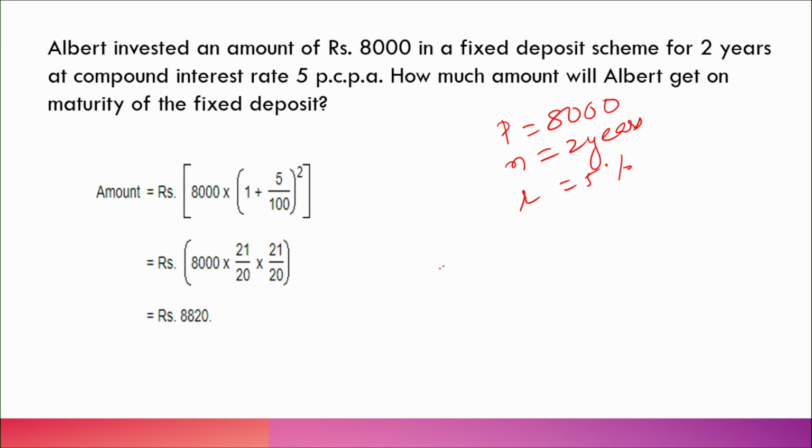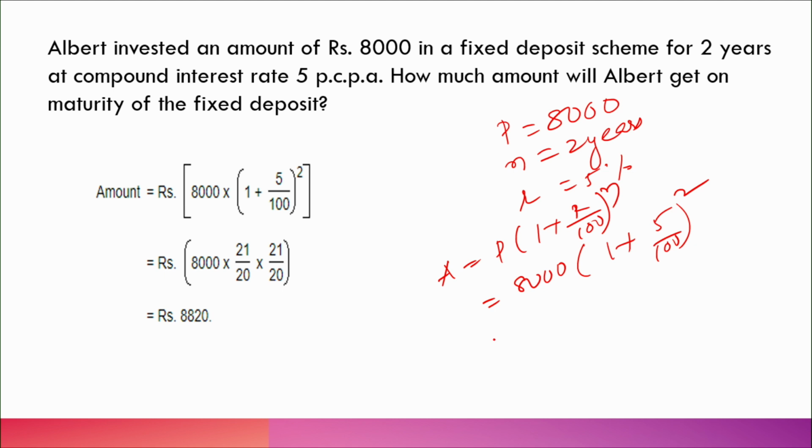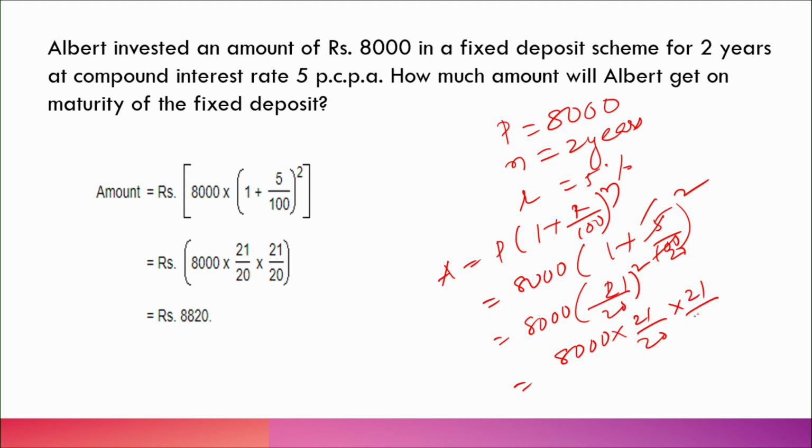A is equal to P times (1 + R/100)^n, that is 8,000 times (1 + 5/100)^2, or 8,000 times (21/20)^2, or 8,000 times 21/20 times 21/20.